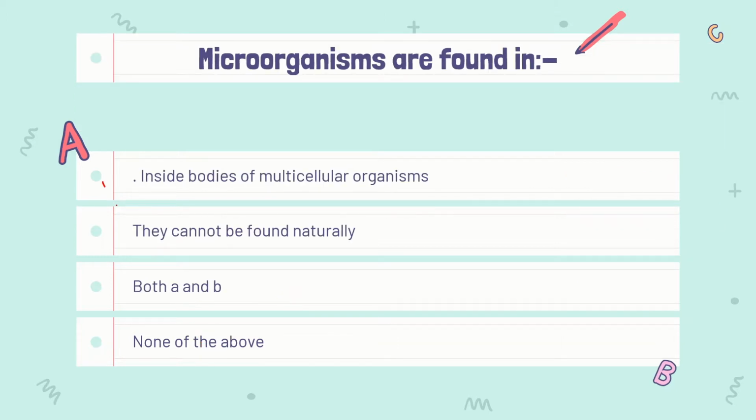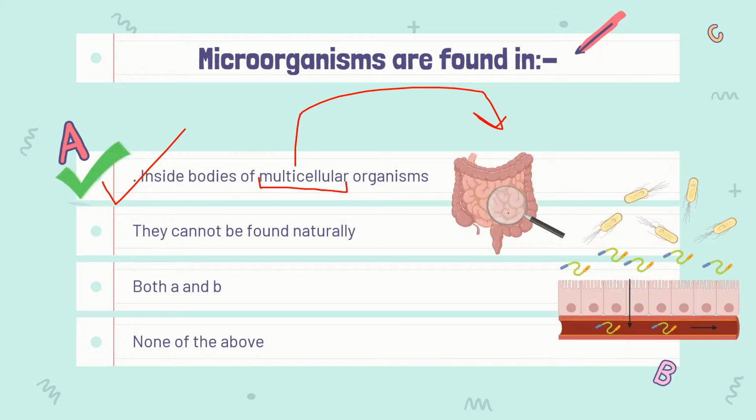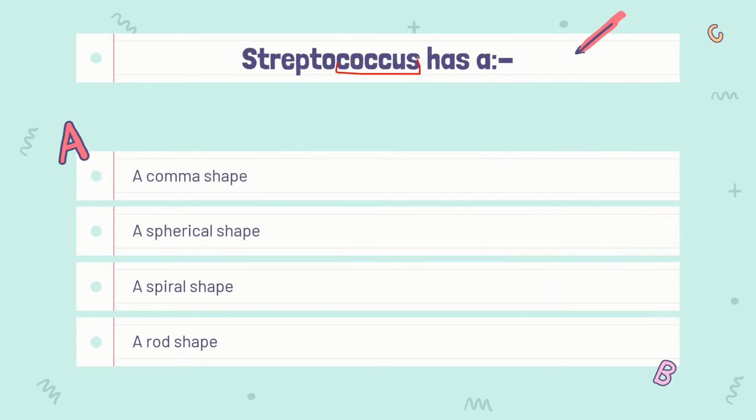Great. Next is, microorganisms are found inside the body of multicellular organisms. The human body is a multicellular organism. We have intestines, in which a microorganism such as E. coli lives. Streptococcus has a coccus, remember, a spherical shape.